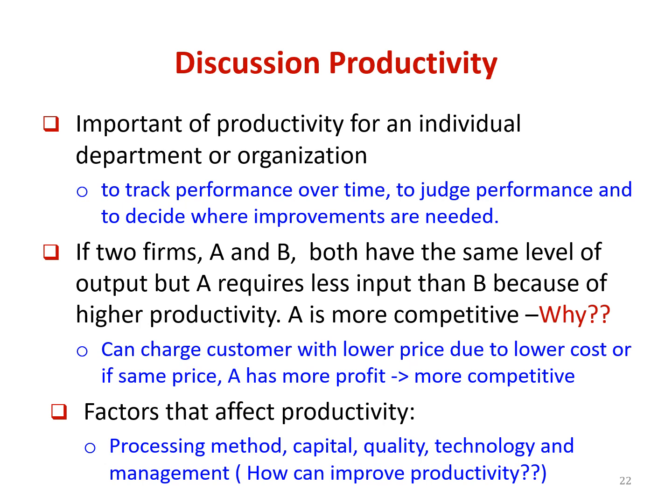Factors that affect productivity: we have a few factors that could affect the productivity level. Just now we only learned the indicator, but we have to know there are many factors affecting this indicator. They are the processing method, the automation level, the capital that has been invested, the quality of the final product, the amount of product that meets the quality requirement, the technology used, and also the management.